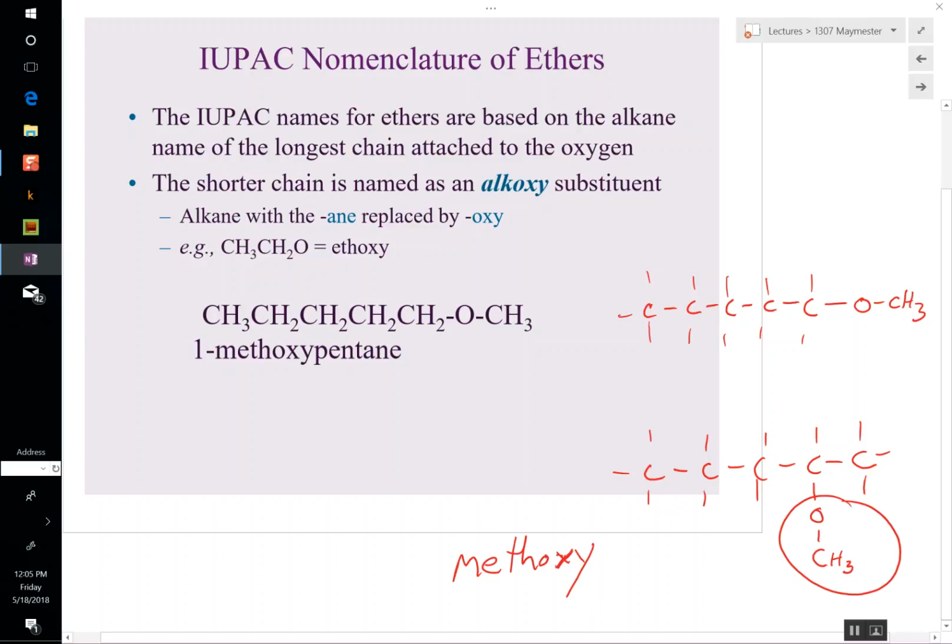So add that to your repertoire of substituents. That's a methoxy substituent. And now if we look at that as a substituent, what can we do? Well, we can say, what carbon is it on? It's carbon number 1. So the longest chain is 5, pentane. It's got a methoxy substituent on carbon number 1.